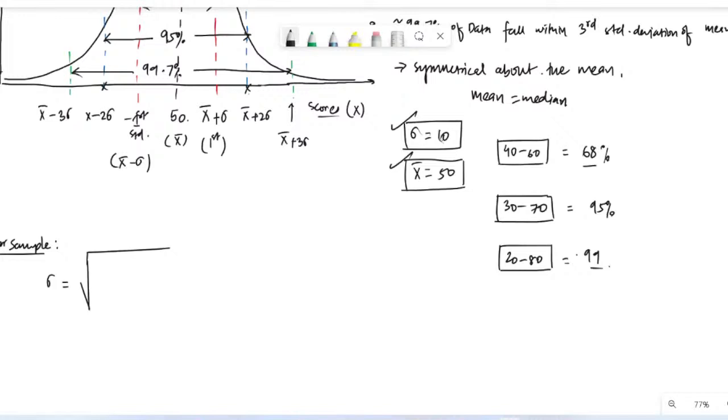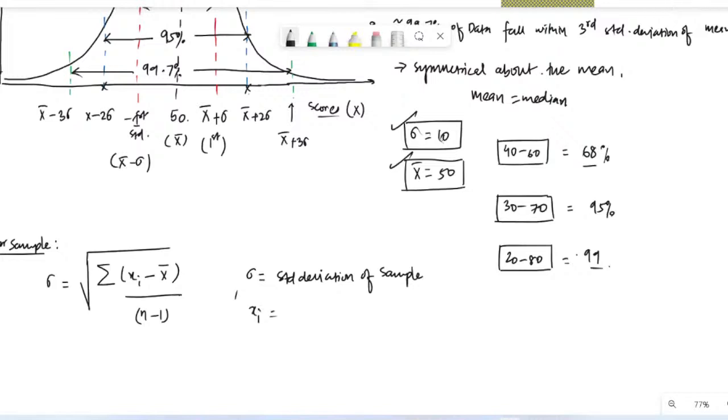And the formula is sum of sample deviation from its mean. So xi minus x bar, divided by n minus 1. What is n minus 1 here? First of all, sigma is your standard deviation of sample data.